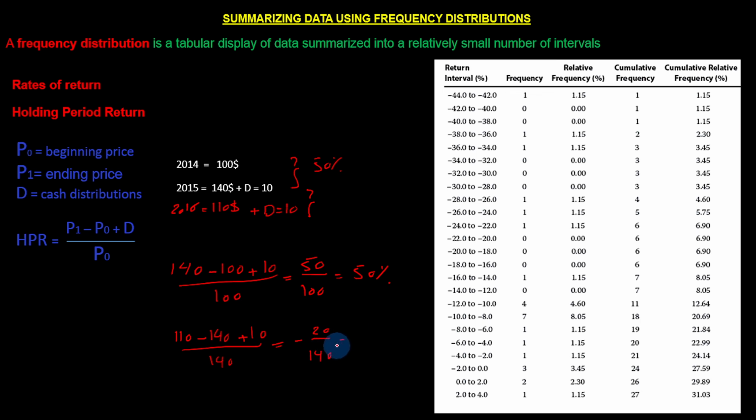That will be minus 14.28%. So the holding period return for this year, for the second year, would be minus 14.28%. Pretty easy, right?